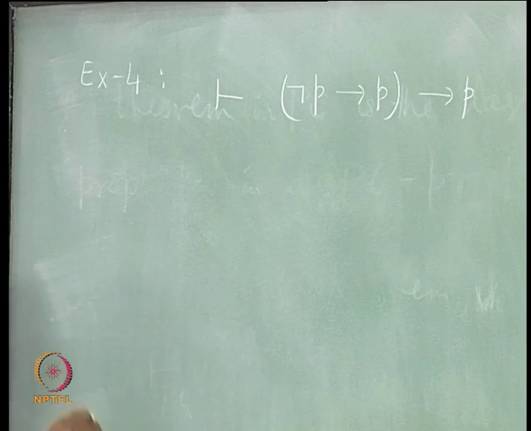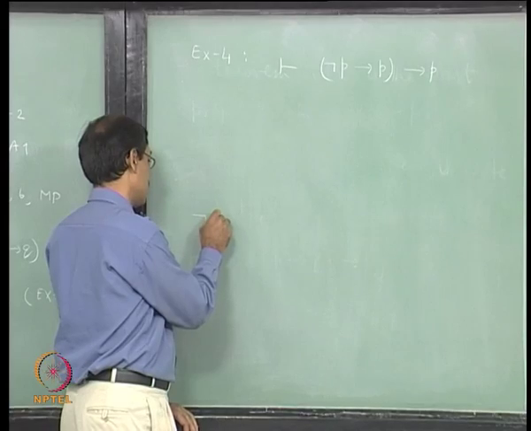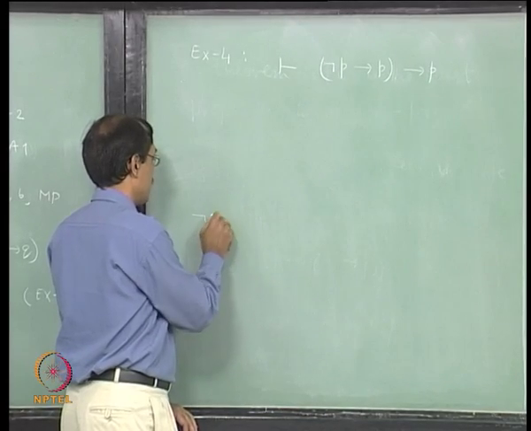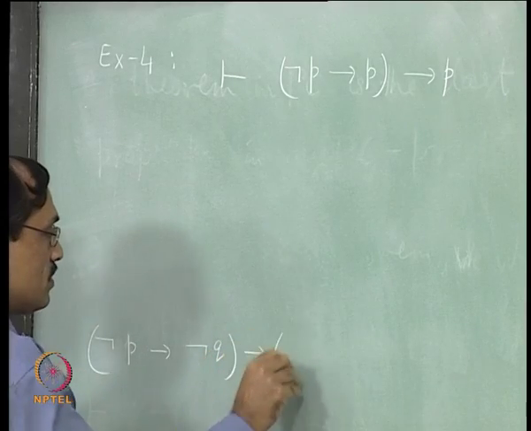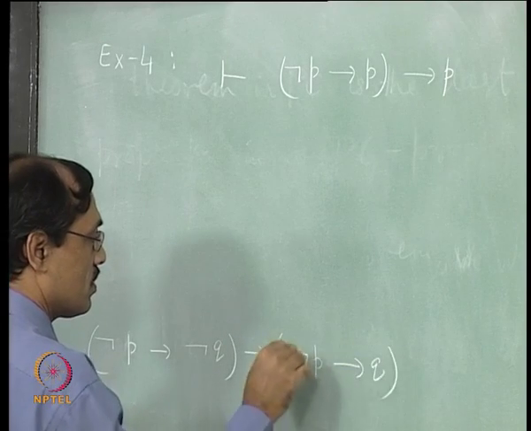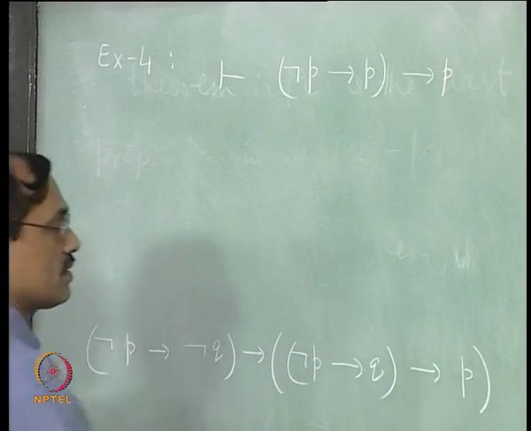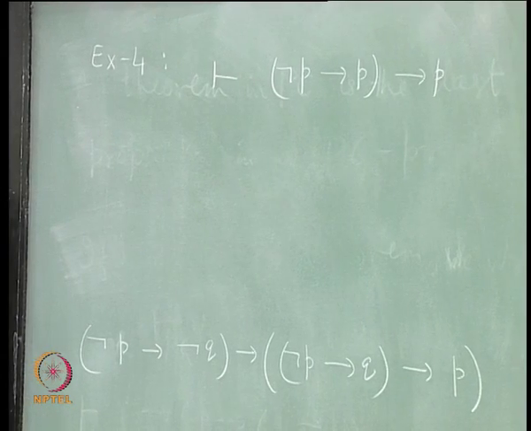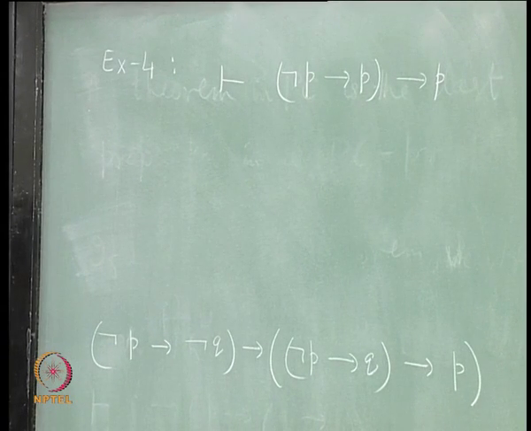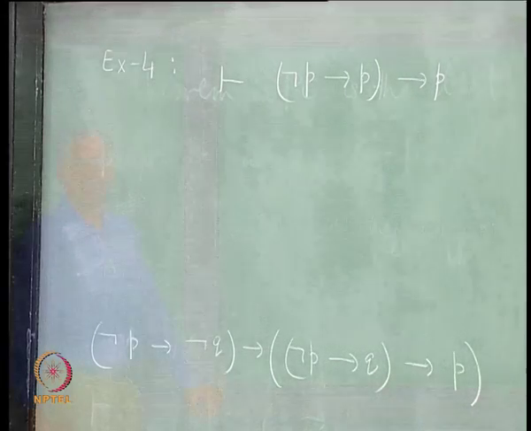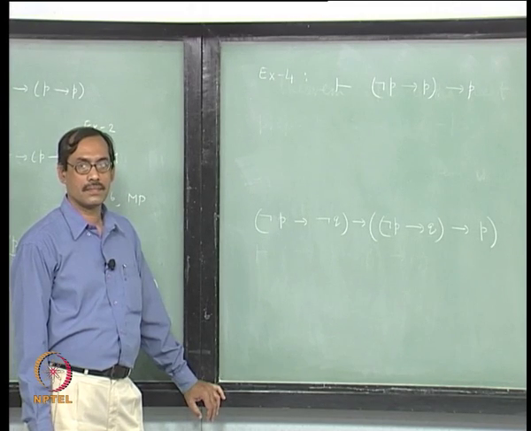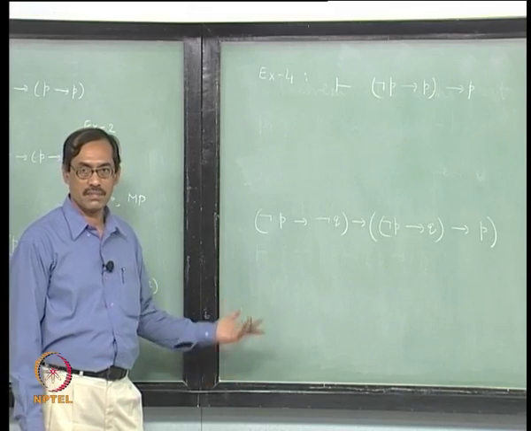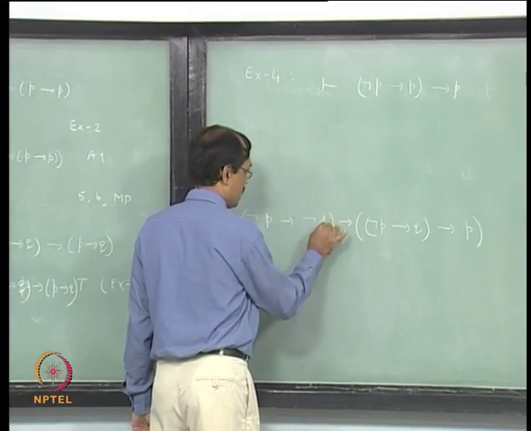Okay. So, axiom 3 looks like: not P implies not Q implies not P implies Q implies P. Fine. So, now look at the pattern. All that you can do is look at the pattern, nothing else. We should take the same. So, suppose I take the same, it looks like this.